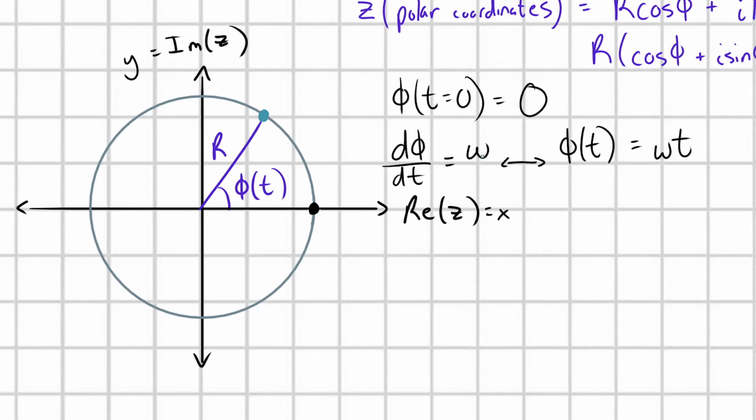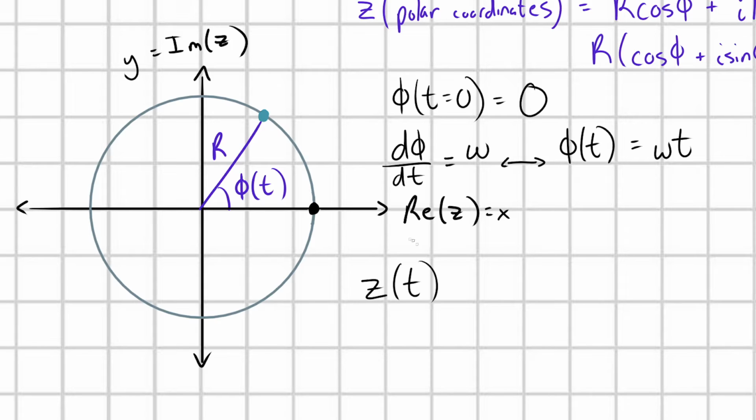Now that we have these pieces of information, can we propose an equation to describe the position of my particle at every moment in time? Well, I'm going to claim that my position as a function of time, and notice how we don't have to distinguish between an x position and a y position because the complex number encodes both of those things.